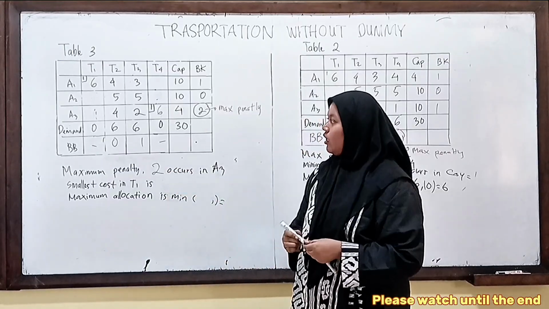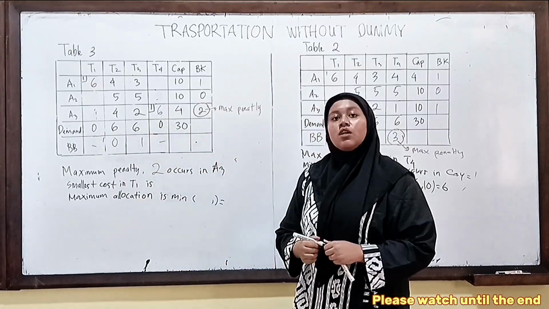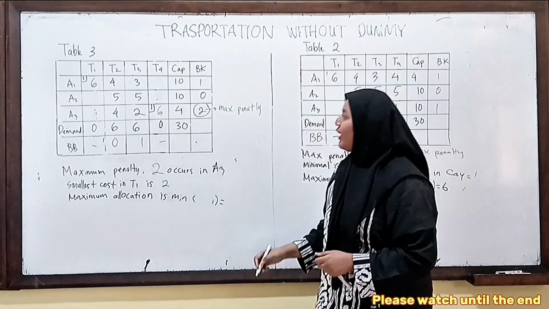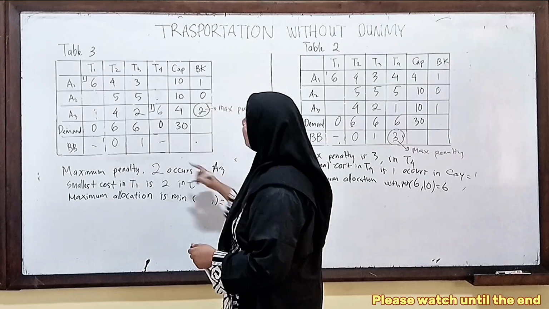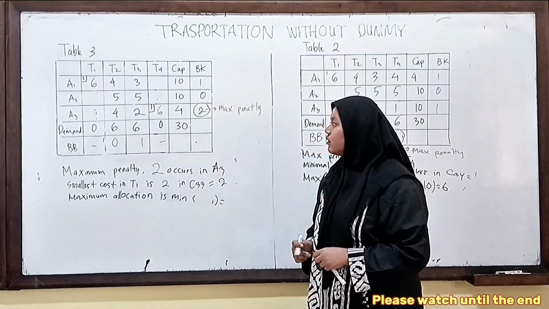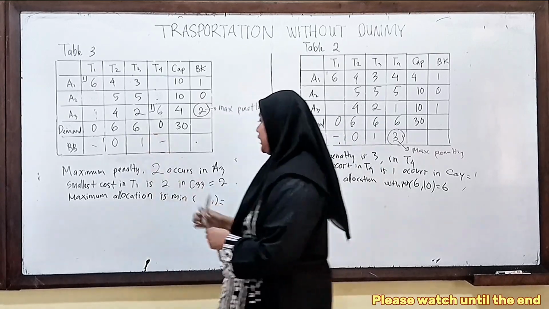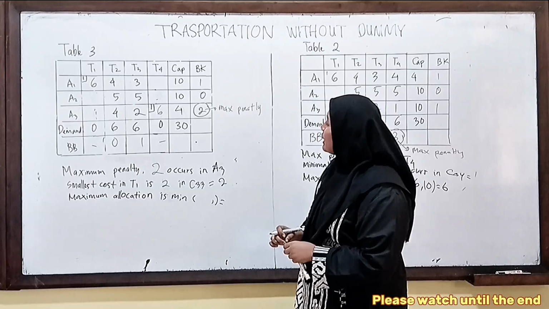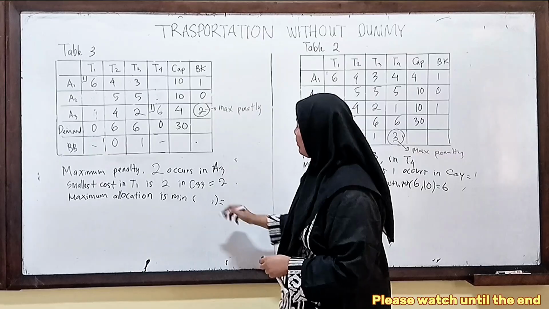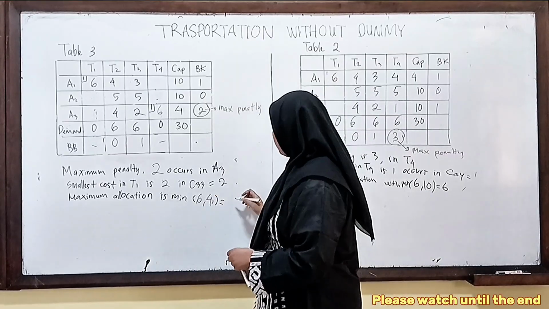Let's see the minimal cost in row 3, which is 2, occurring in cell C33. We find the maximum allocation for cell 3,3 with the minimum of demand 6 and capacity 4, so the minimum must be 4.